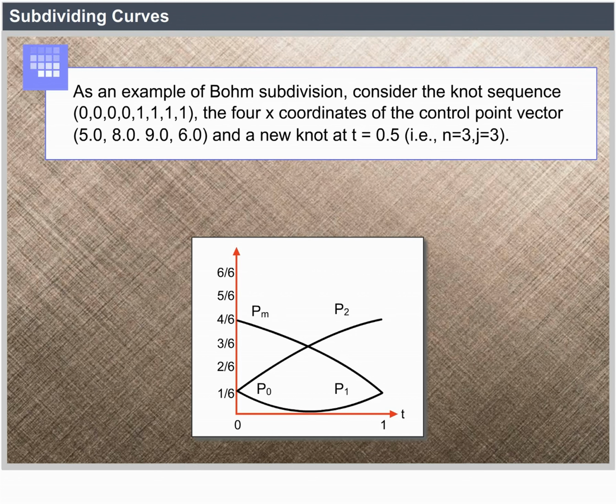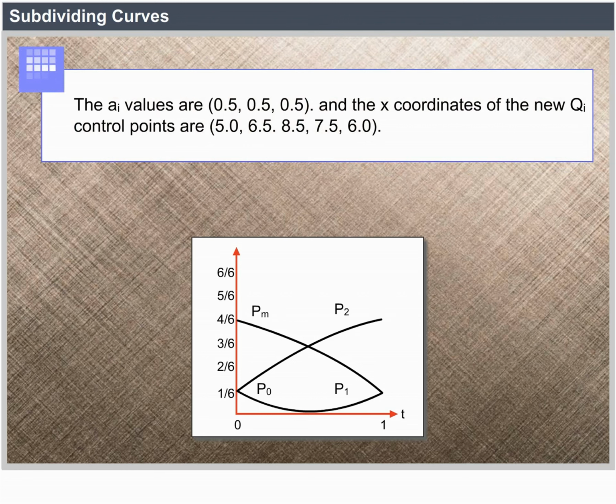The Ai values are 0.5, 0.5, 0.5. We find that the x coordinates of the new Qi control points are 5.0, 6.5, 8.5, 7.5 and 6.0. Notice that adding a knot causes 2 old control points to be replaced by 3 new control points.